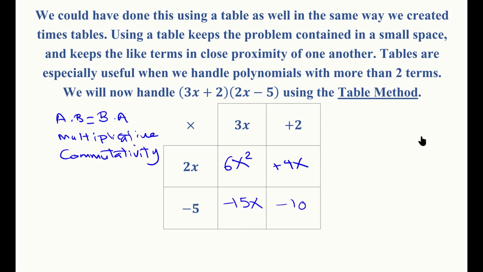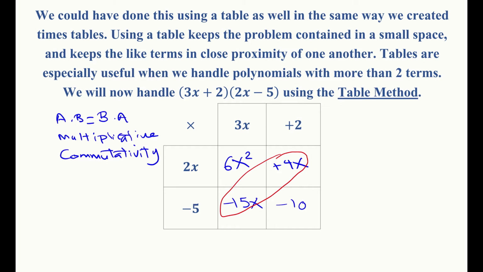So we notice that, and also it keeps the problem kind of in a finite amount of space. So we can see that the results are of course going to be in this inner part. Those are the original factors that are being multiplied. So we only look in here for the result, and we go ahead and combine like terms.